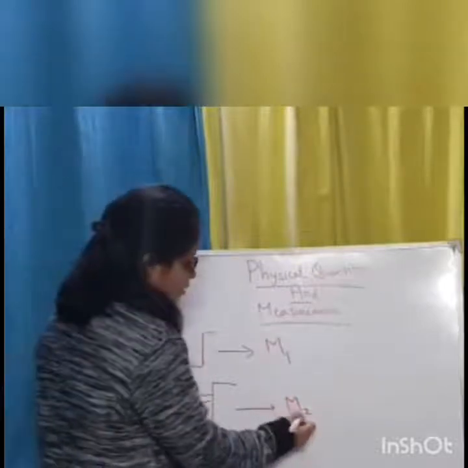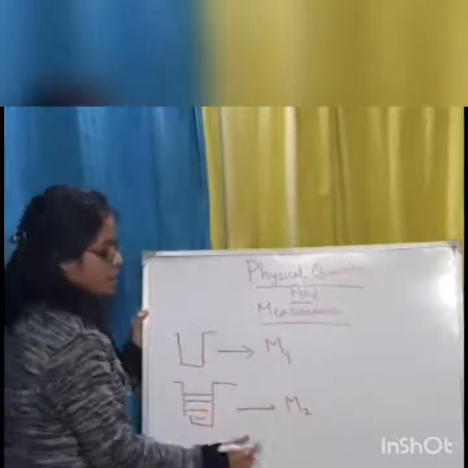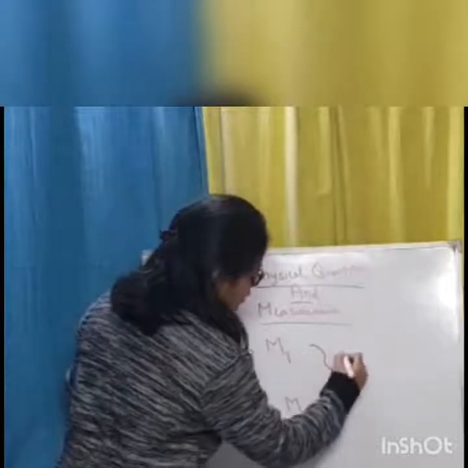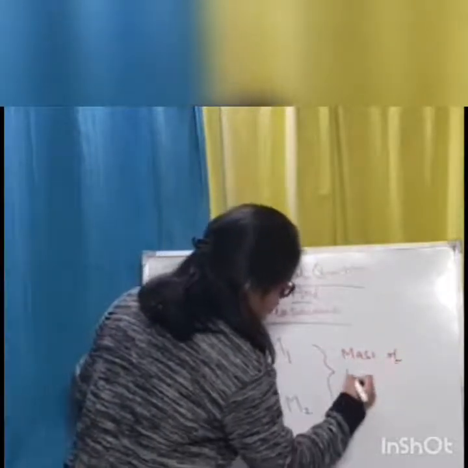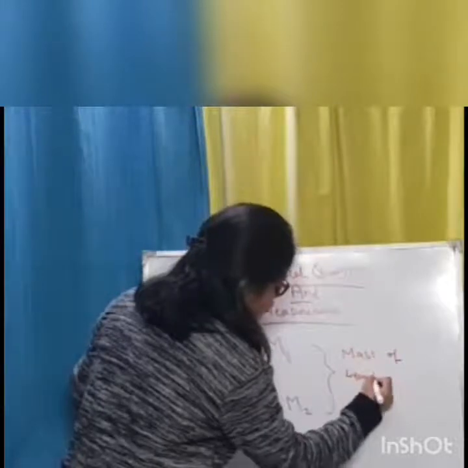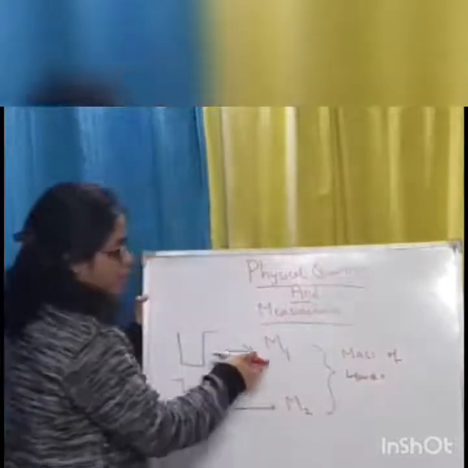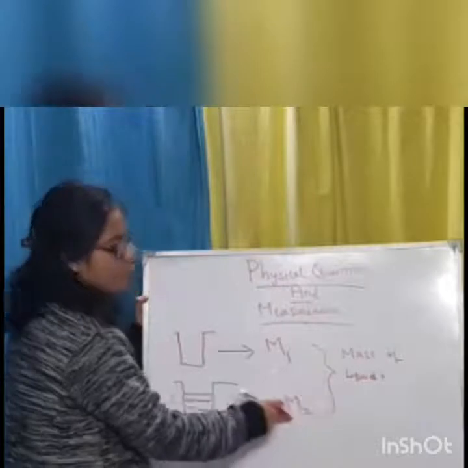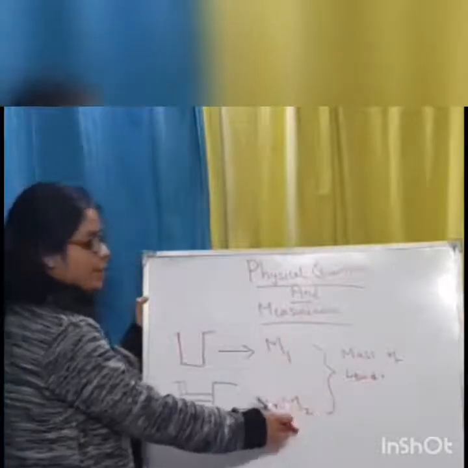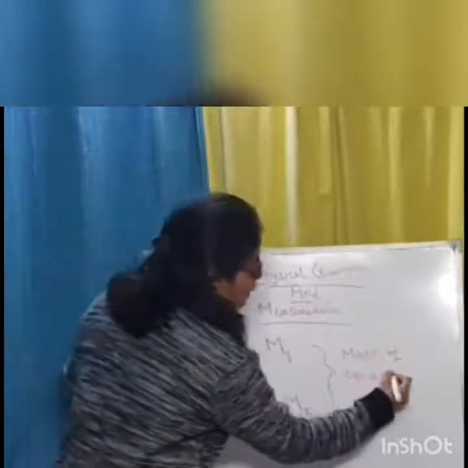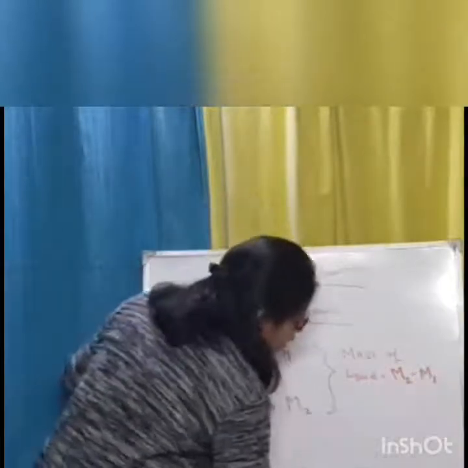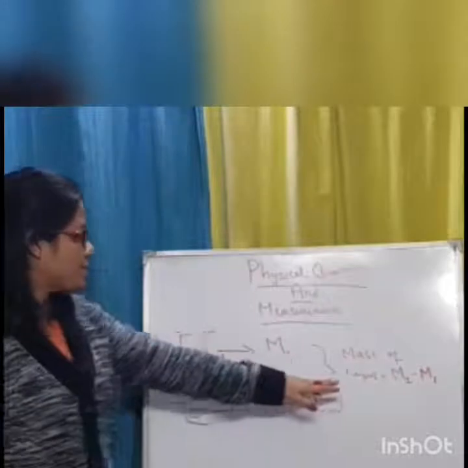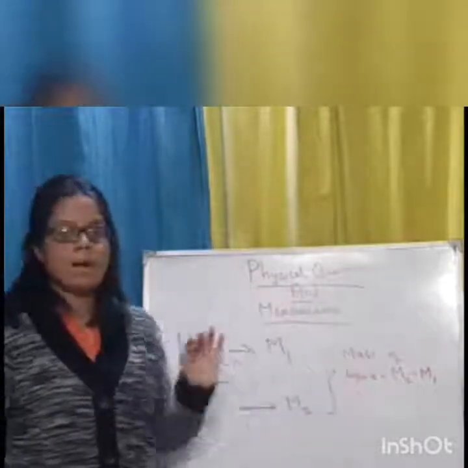So the mass of the liquid will be equal to the mass of the vessel subtracted from the mass of the vessel plus liquid, that is M2 minus M1. This is the mass of the liquid. So we have found the mass of the liquid.